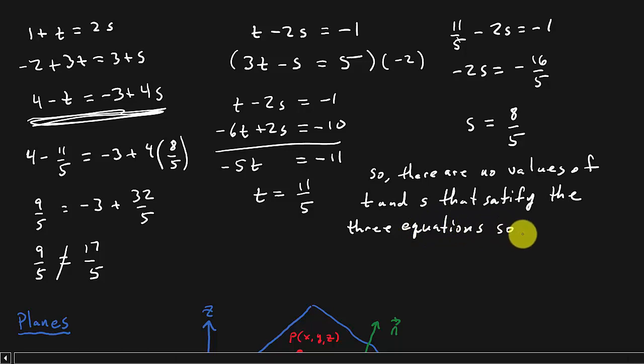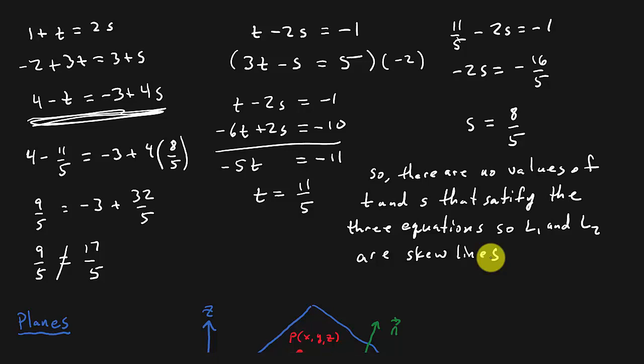So L1 and L2 are skew lines. There you have it. Okay, so we showed that they were skew lines.